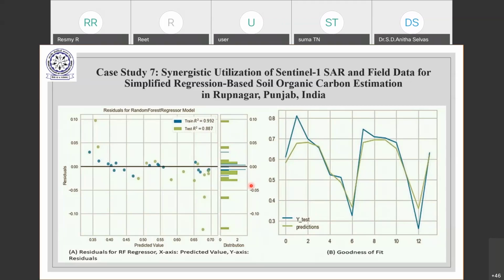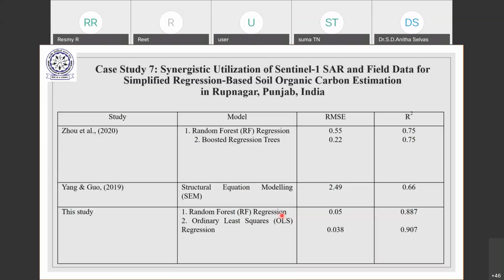So if we compare the accuracy of these two methods with other commercialized satellite data and models used by different scientists over time, one study, Zhao et al. 2020, used the random forest and the boosted regression tree method, and they achieved an accuracy of 75%, and we were able to achieve around 88% with random forest.